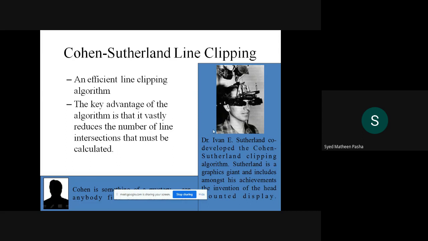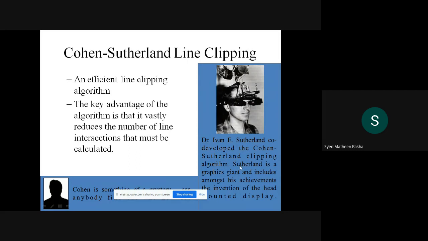So he is the author of the algorithm. He is known as Dr. Ivan E. Sutherland. Dr. Ivan E. Sutherland is the developer who developed the Cohen-Sutherland clipping algorithm.